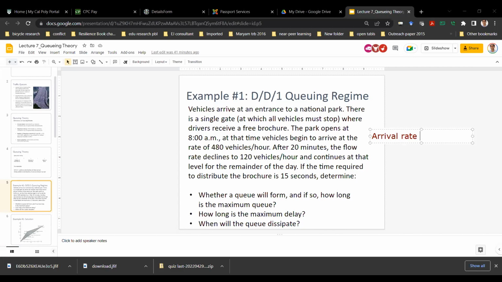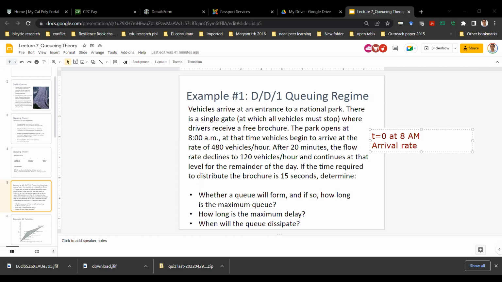After 20 minutes, right? The first thing that we assume in these types of problems is that whenever things start to get interesting, in this case when the park opens at 8 o'clock, let's call this t equal to 0 at 8 a.m. My arrival rate is 480 vehicles per hour. Typically, because all the action is in minutes, after 20 minutes the flow rate declines to 120 vehicles per hour.